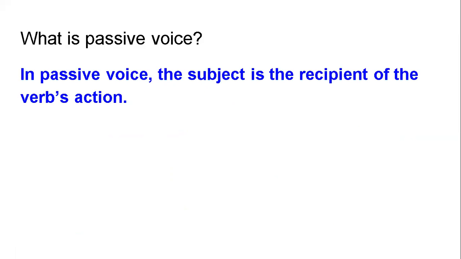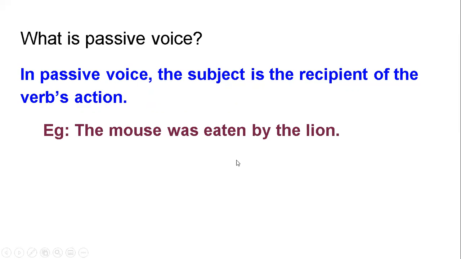What is passive voice now? In passive voice, the subject is the recipient of the verb's action. In this case, you will have the object first in the sentence and then the subject. Look at this. The mouse was eaten by the lion. If you remember the previous sentence that I gave you in active voice, it said, the lion ate the mouse.